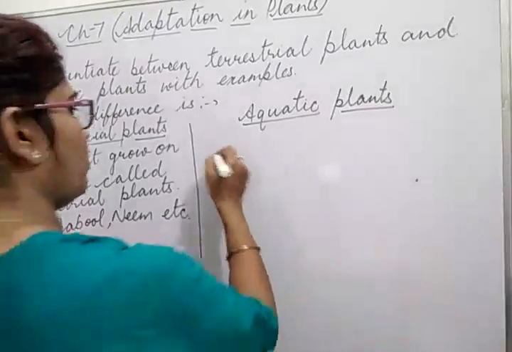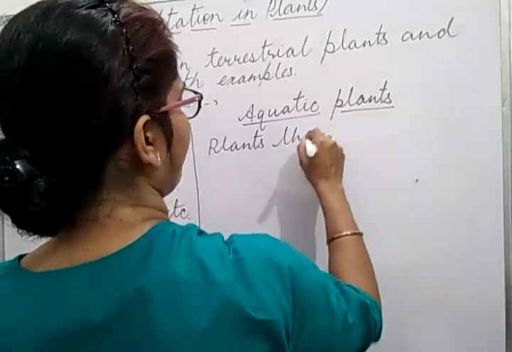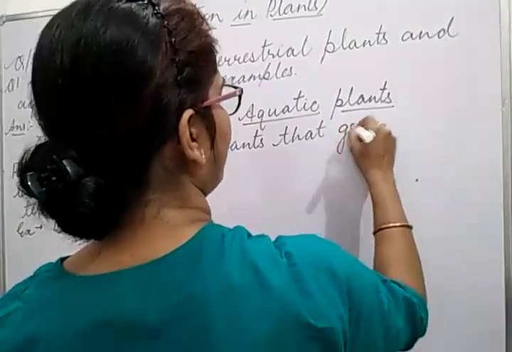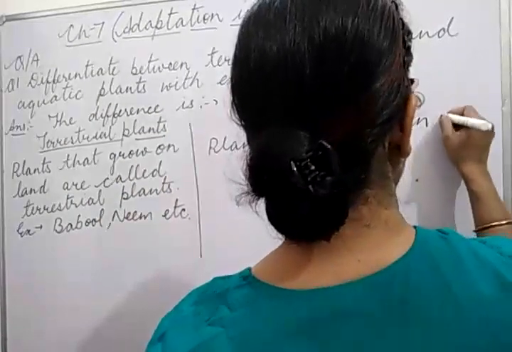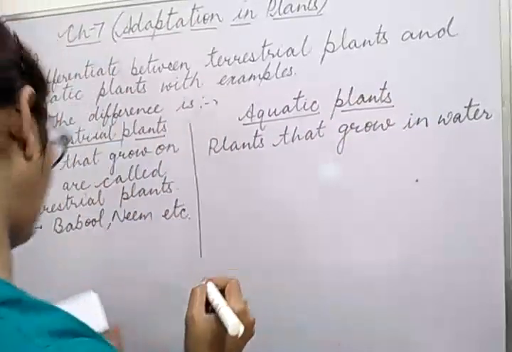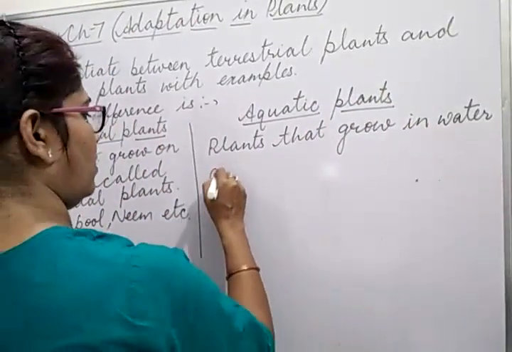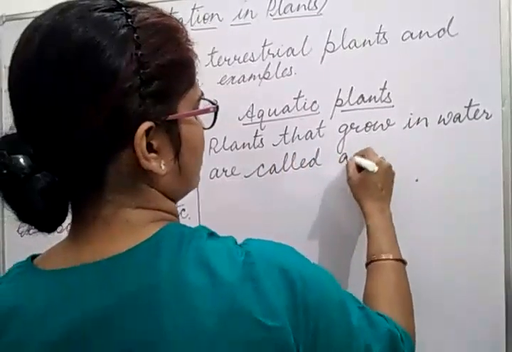In aquatic you will write plants that grow in water. Plants that grow in water are called aquatic plants.